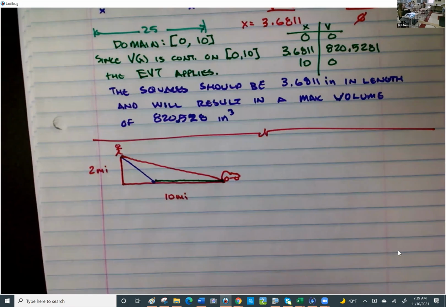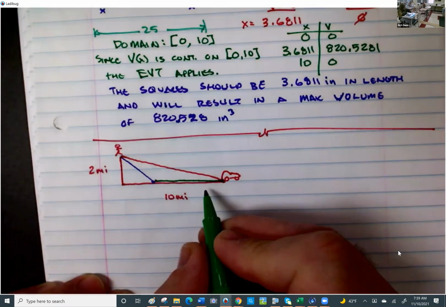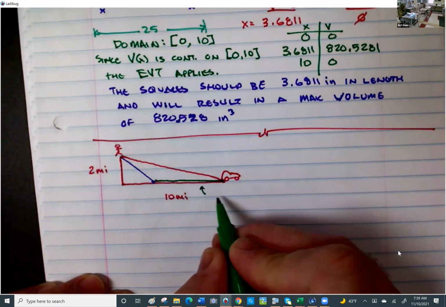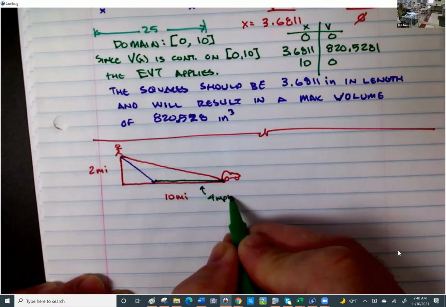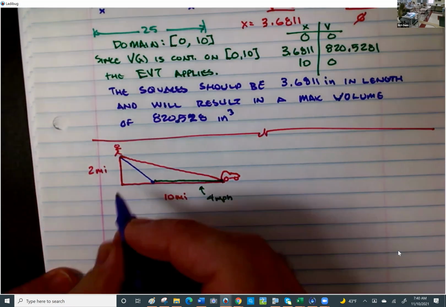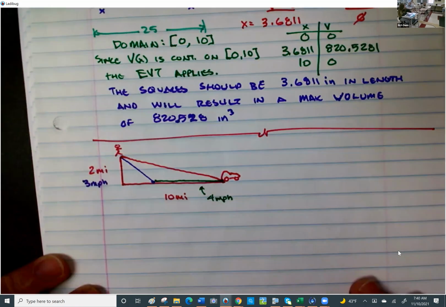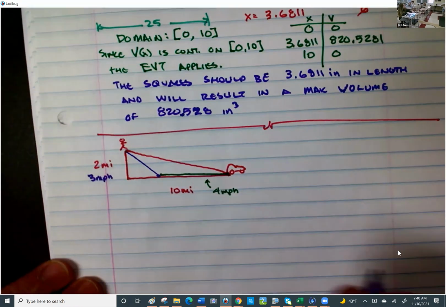So that's just kind of note that this traveling along this will be at 4 miles per hour. Through the woods, she's a little bit slower, and it's going to be at a rate of 3 miles per hour through the woods. We travel that one.